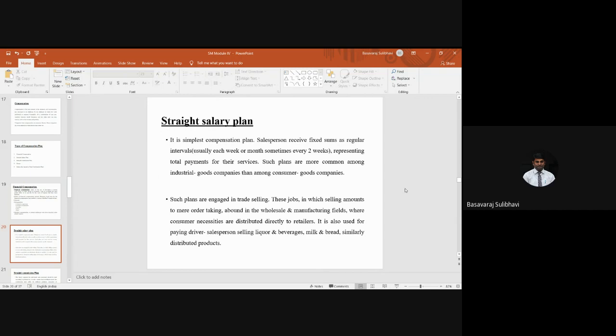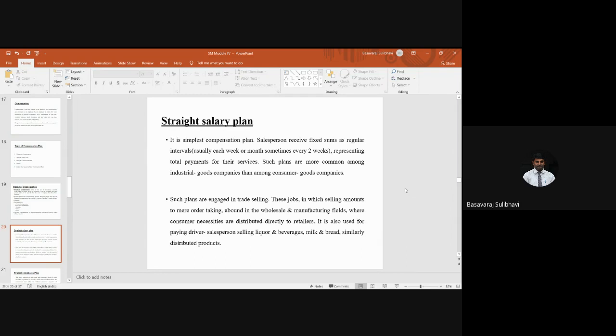Especially this type of straight salary plan is more in industrial selling, or maybe industrial goods companies will be taking this straight salary plan, because there is nothing like more targets given when it comes to selling, because sales will be very few, and very specific types of customers will be there, and not much follow up may be required.